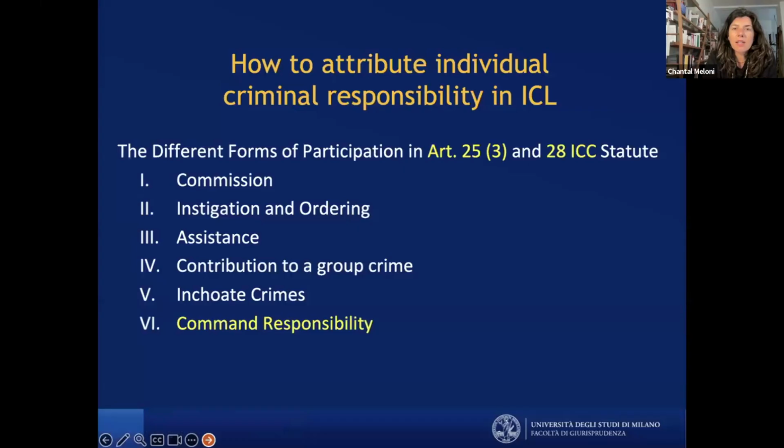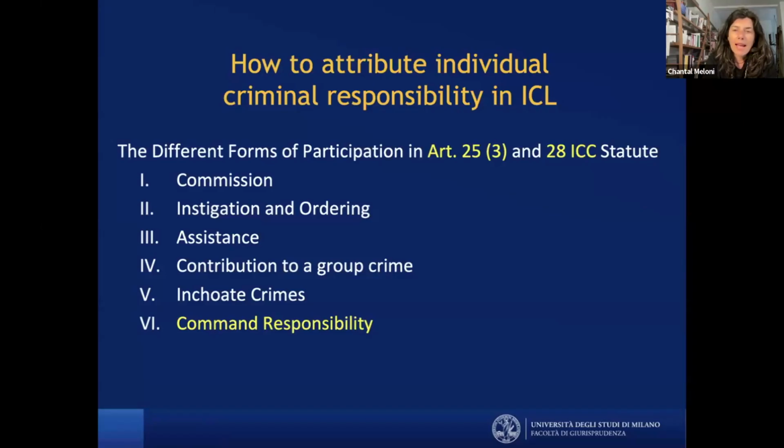But this is not the only way to attribute individual criminal responsibility in international criminal law, and specifically under the Rome Statute of the International Criminal Court.